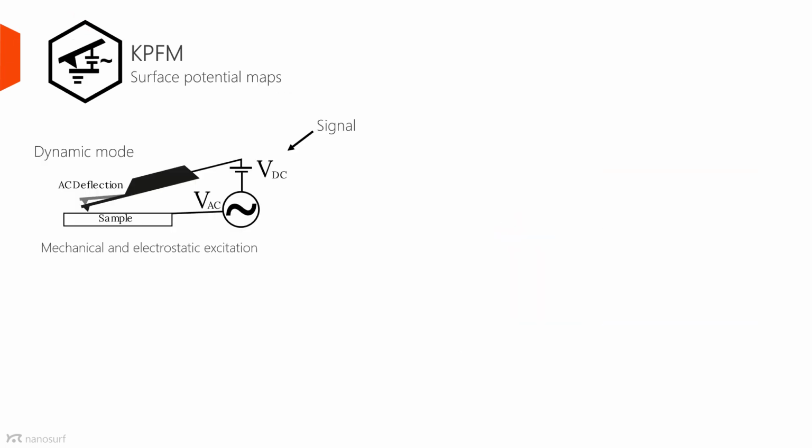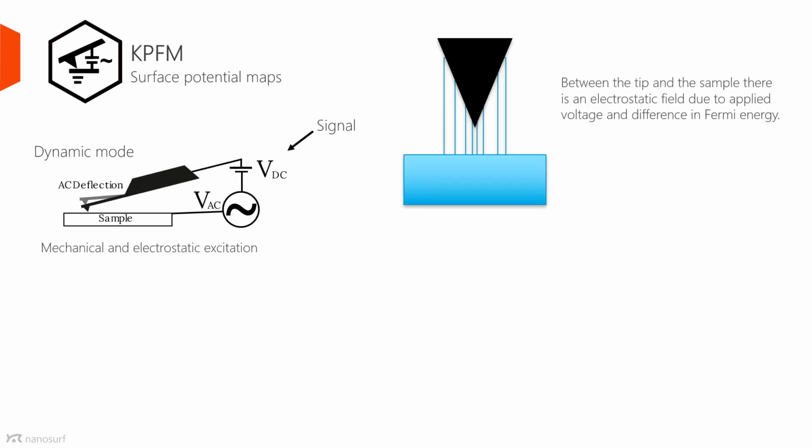In KPFM, you measure surface potential maps. It's a dynamic mode, which means that the tip is oscillating, and at the same time you're applying an AC electrical field between the sample and the probe. The basic idea is that between the tip and the sample there is an electrostatic field due to the applied voltage between the two and the difference in Fermi energy.